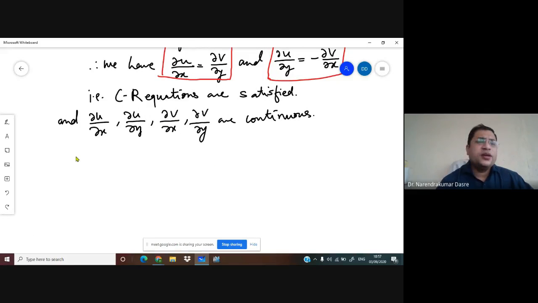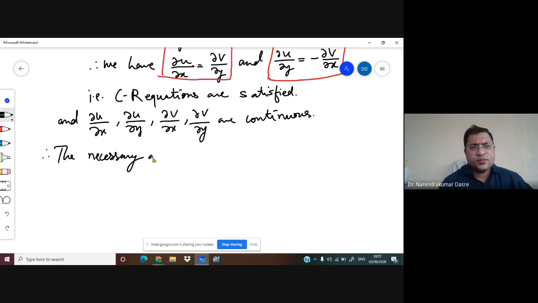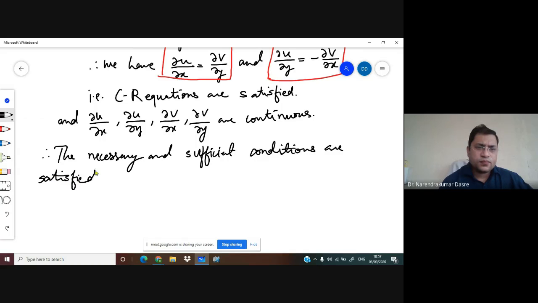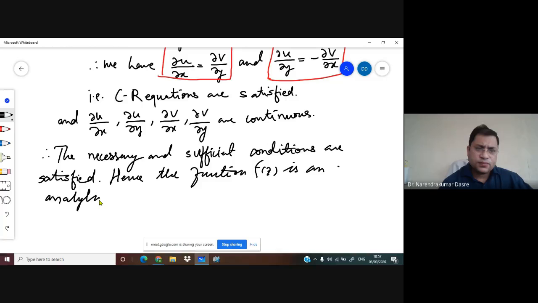So yes, these functions are going to be continuous, and hence the necessary and sufficient conditions are satisfied, hence the function f(z) is an analytic function. So we got that this is an analytic function now.